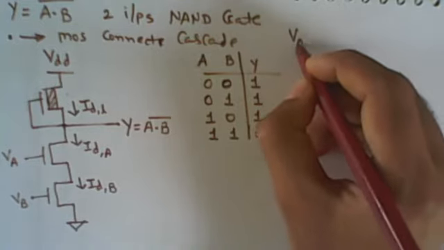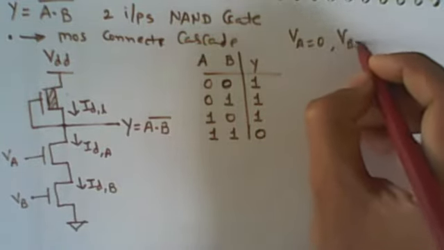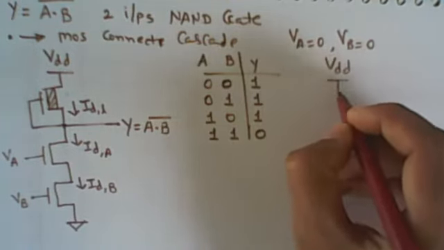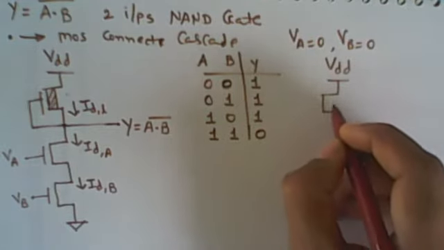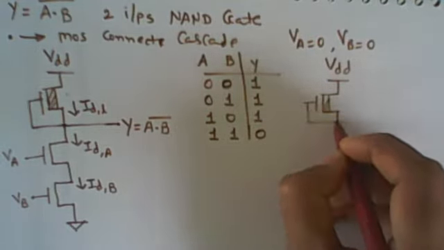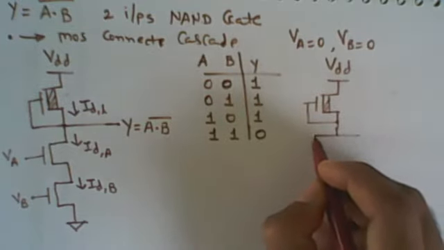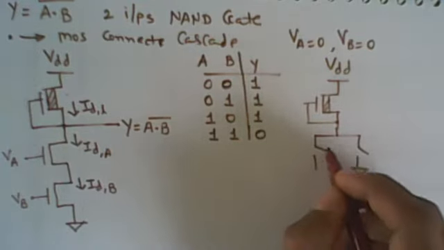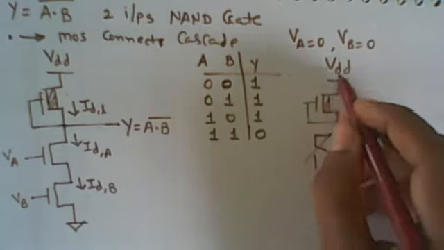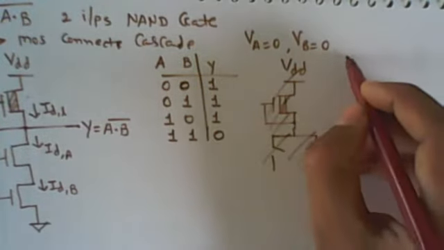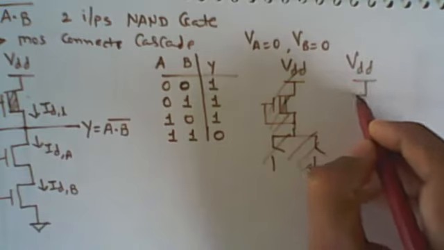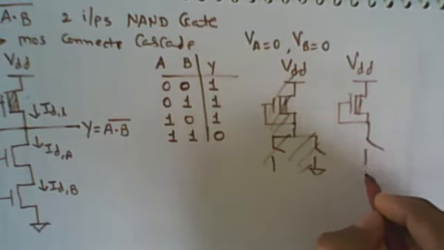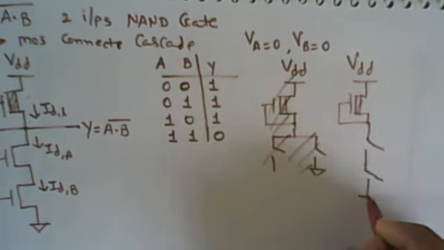When VA is equal to 0 and VB is also equal to 0, at that time both the driver MOSFETs operate in cutoff. Both the MOSFETs are connected in cascade; this MOSFET is in cutoff, and this MOSFET is also in cutoff.